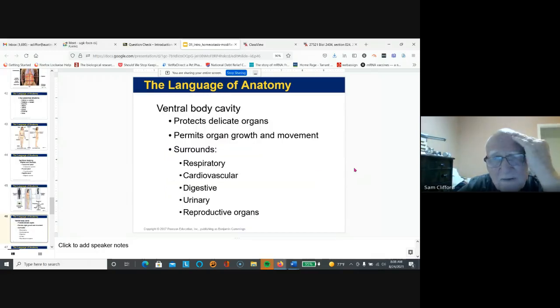So what are the body cavities? Organs are protected, organs grow and move, and the ventral body cavity is going to surround respiratory, cardiovascular, digestive, urinary, and reproductive organs.